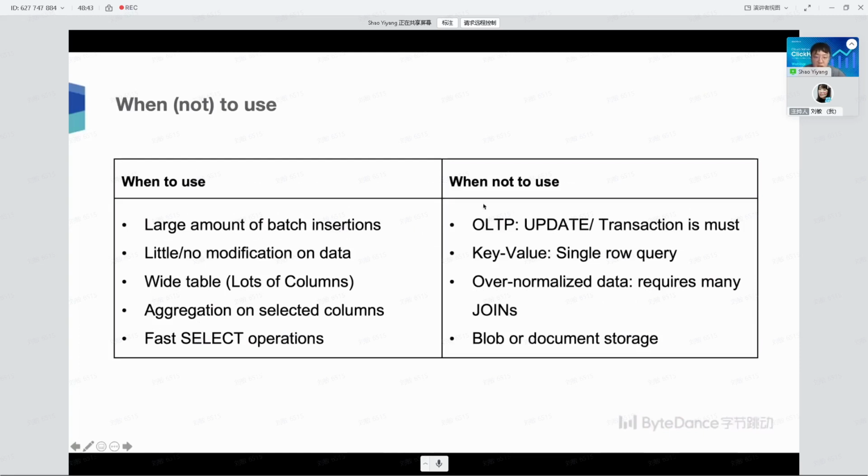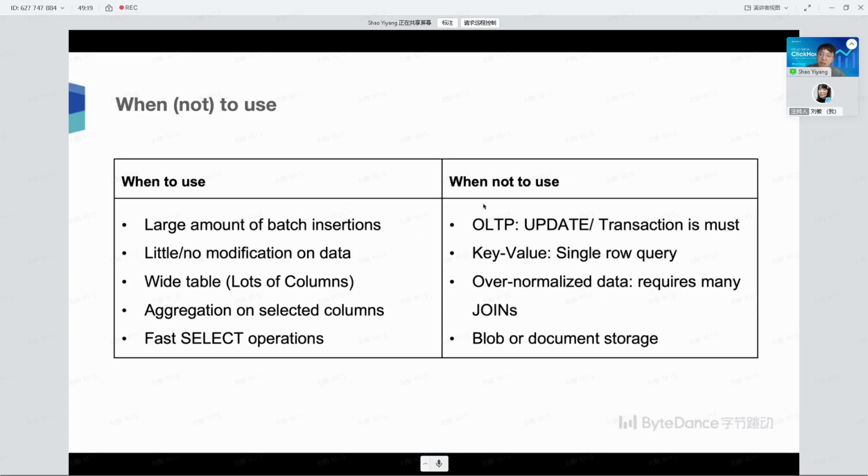And some use cases where you should not use ClickHouse: if you have a traditional transactional processing use case where you think update and transaction guarantee is a must, then skip ClickHouse. Or if you have a requirement for key value storage, where your query is usually just looking for a single data point among your whole database, then ClickHouse is not suitable for that.